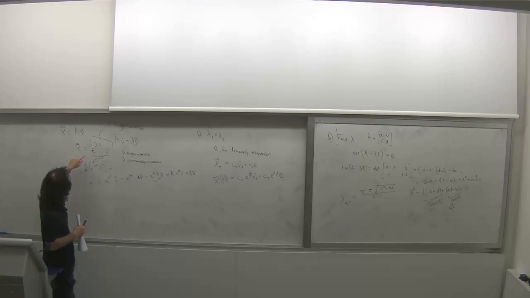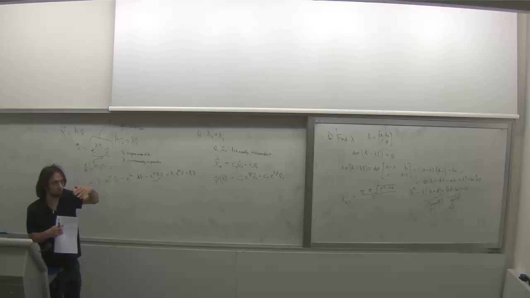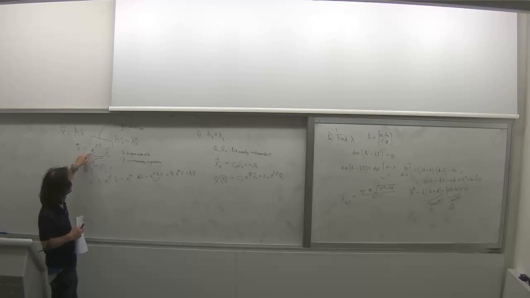So the system has two solutions, and each of these solutions is actually going along one eigenvector with an exponential profile in time.